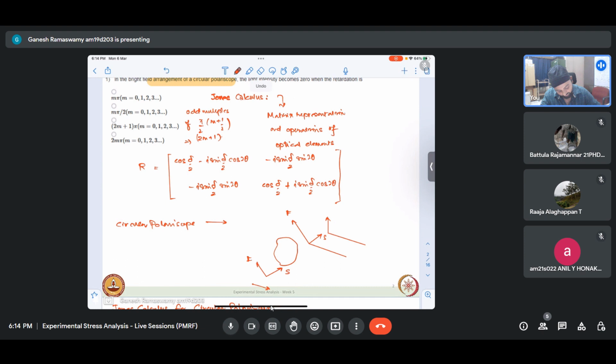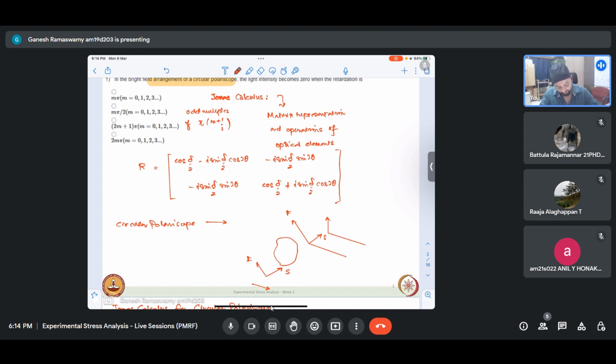Oh, I'm sorry, this will just be m plus 1 into pi. When we take an integer, it is automatically considered there. So it will be essentially 2m plus 1 into pi. Yes, exactly. So we are able to see this will be the combination.